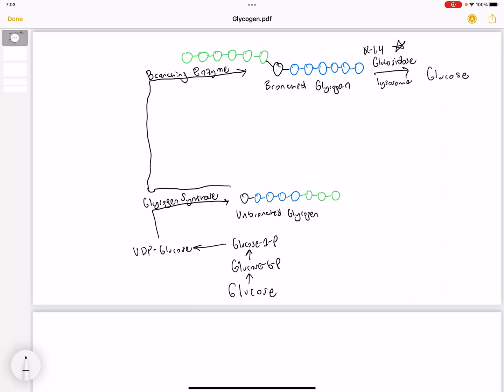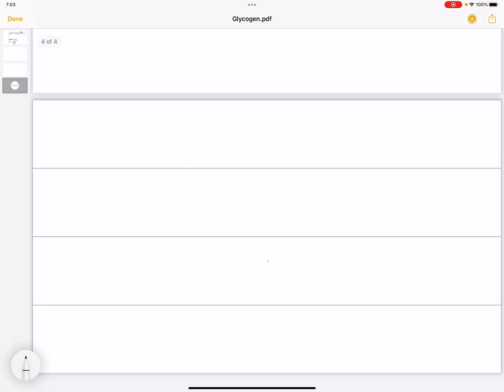It can result in hypotonia due to muscles having an increase in glycogen stores. It can also result in cardiomegaly due to an increase in glycogen within the lysosomes found in the heart. This glycogen storage disease is called Pompe disease.